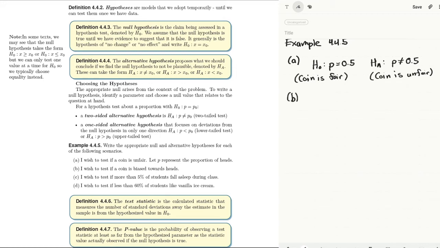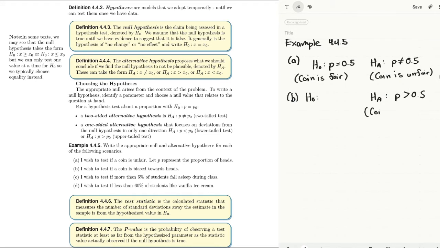So now let's test if a coin is biased towards heads. If P is still the proportion of heads, then the coin is biased towards heads if P is greater than 0.5. And so the alternative hypothesis would be that P is greater than 0.5.